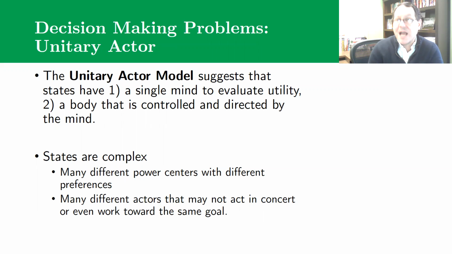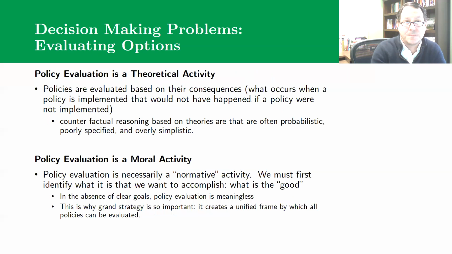It was, the CIA is not doing counterinsurgency. The CIA is doing counterterrorism. That's why we're doing this. Well, the United States is doing counterinsurgency. The United States is doing counterterrorism, and these things are working at cross purposes. That sort of thing wouldn't be happening with a unitary actor where you would know your mind, but it's something that happens all the time with states as complex actors with many different organizations working in theory together, but not always.